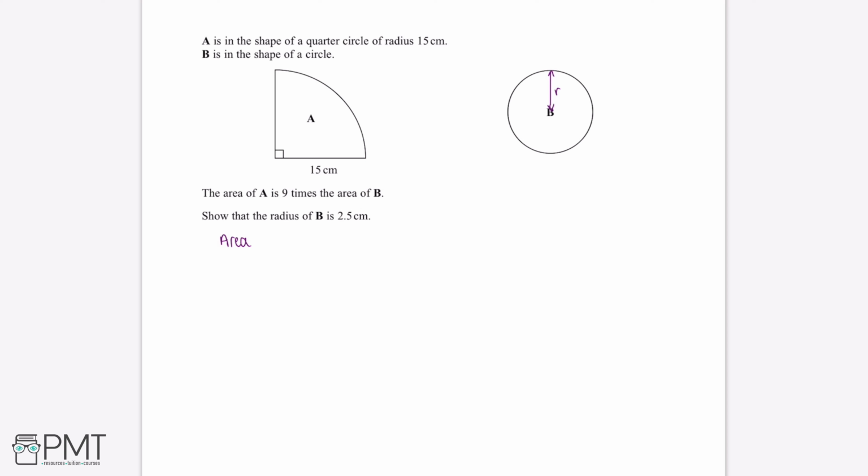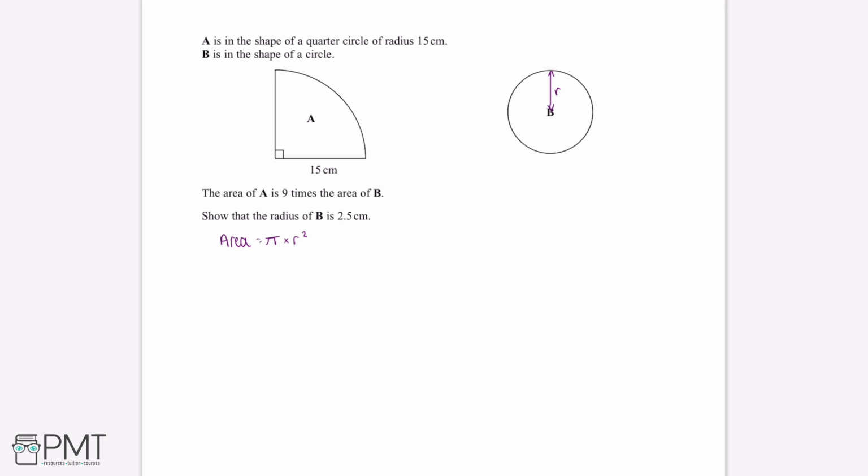So the area of a circle is equal to pi multiplied by the radius squared. And this is the formula we would use to work out the area of a full circle. So therefore it's the formula we can use to work out the area of shape B.